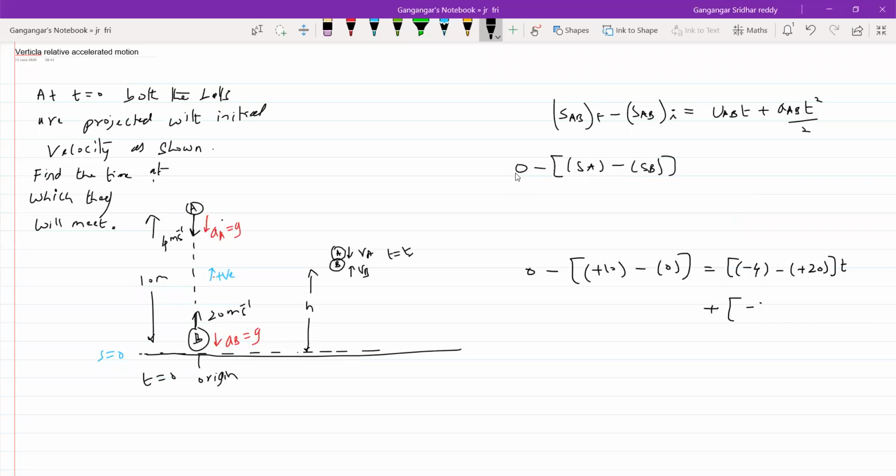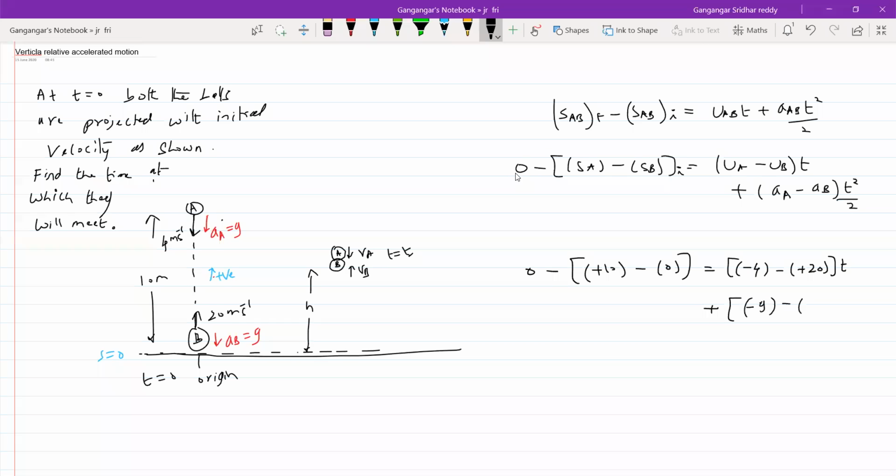Let me clarify it: U_A minus U_B t plus. Look at the acceleration of ball A. It is vertically down, so you write it as minus g.